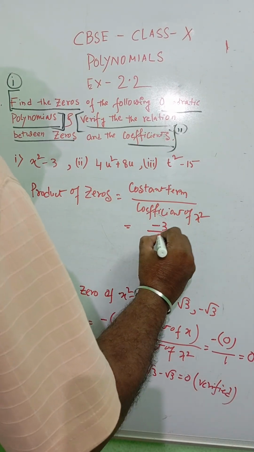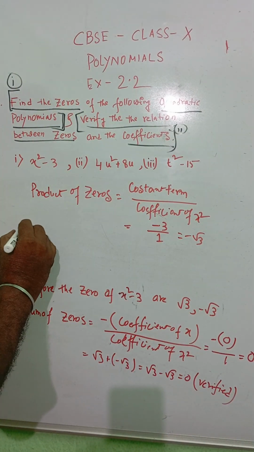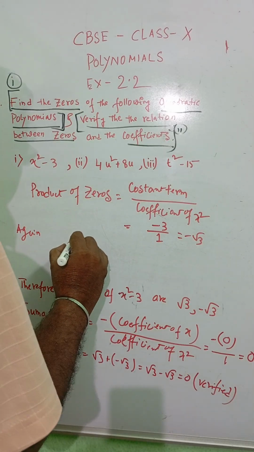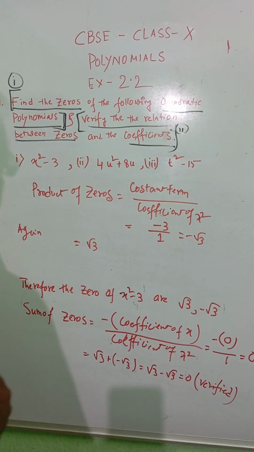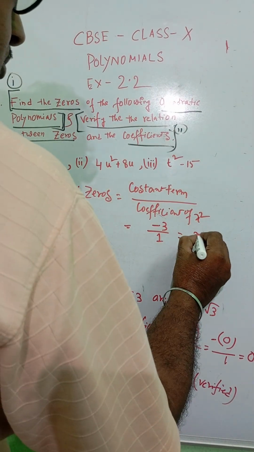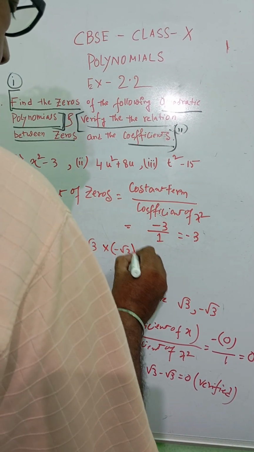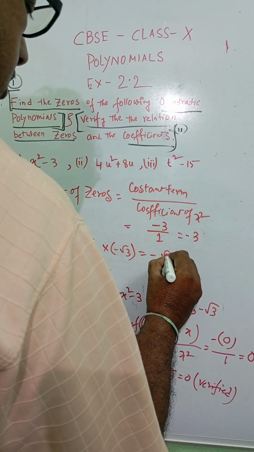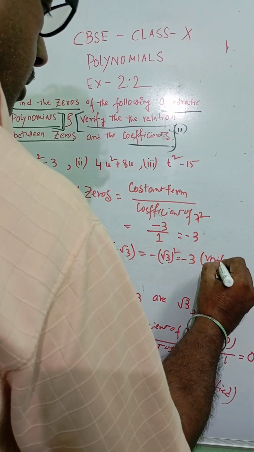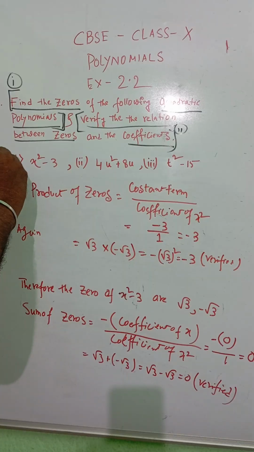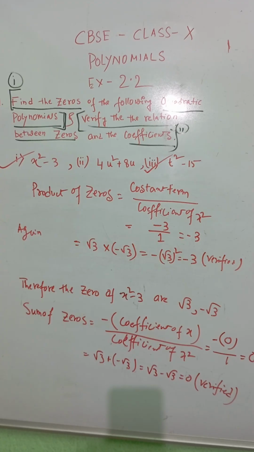Minus 3 by 1, that is minus 3. Again, product of zeros is equal to root 3 into minus root 3, it is minus 3. Verified. Now number 1 and number 3 are the same type of math.